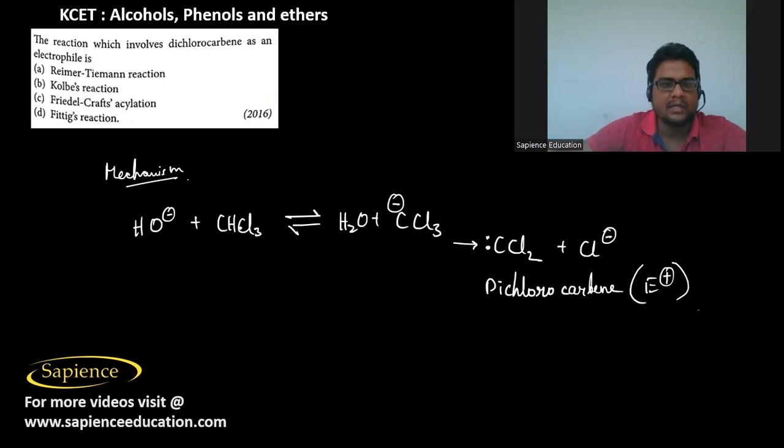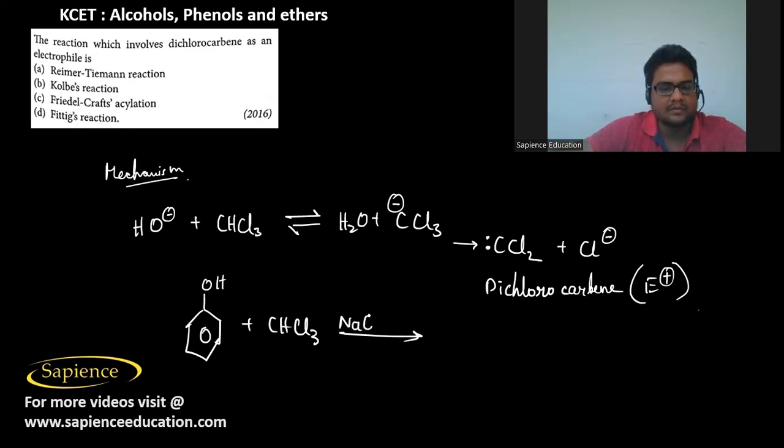And then there will be electrophilic substitution reaction of the phenol. So with phenol, this chloroform reacts in the presence of NaOH at 340 Kelvin. So here it will give ONa and CHO.